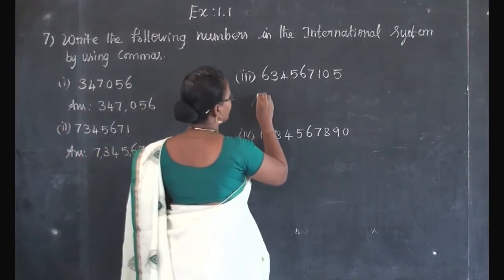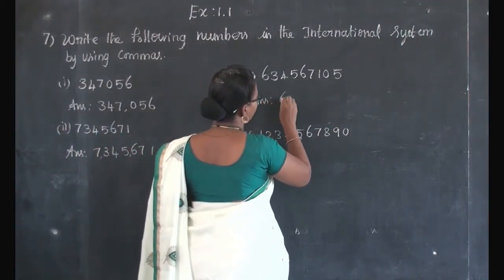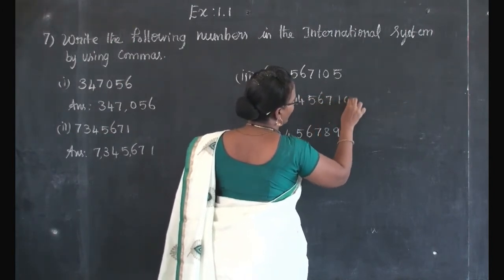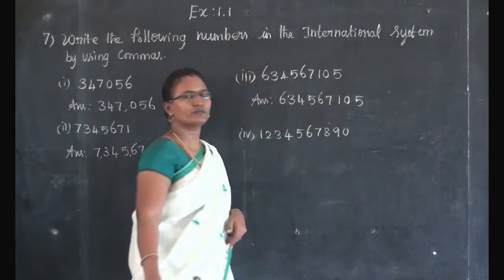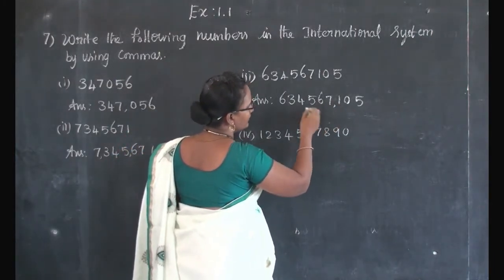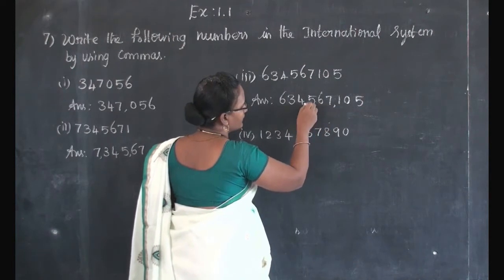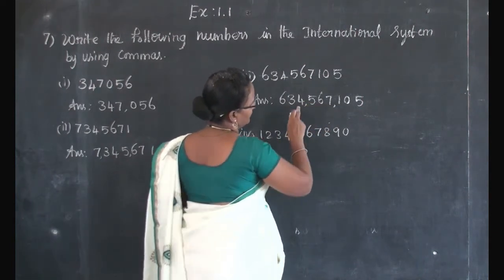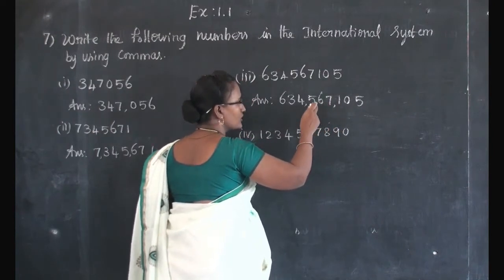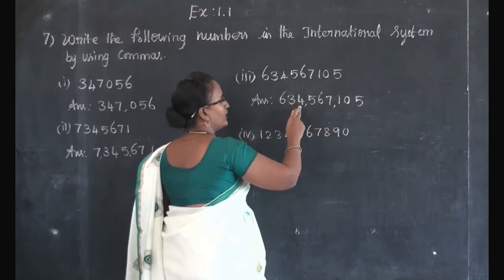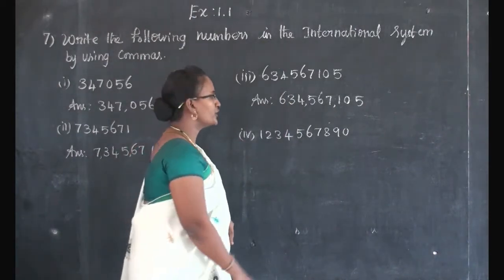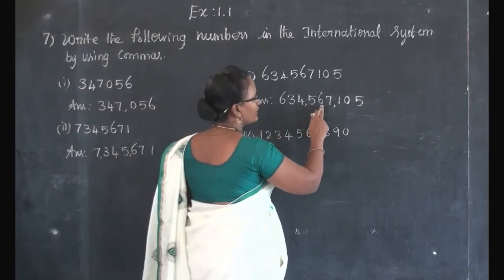And then the third one: 6, 3, 4, 5, 6, 7, 1, 0, 5. Now in the international system we put commas here and again after 3 digits. So ones, tens, hundreds, thousand, 10,000, 100,000, million, 10 million, 100 million. So 634,567,000.